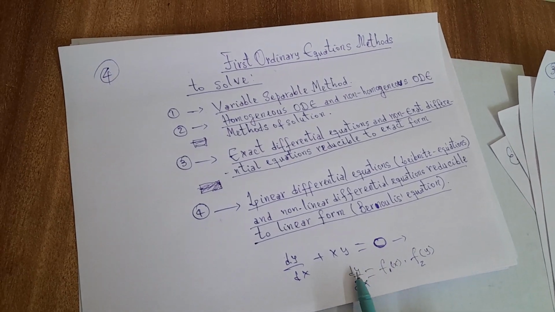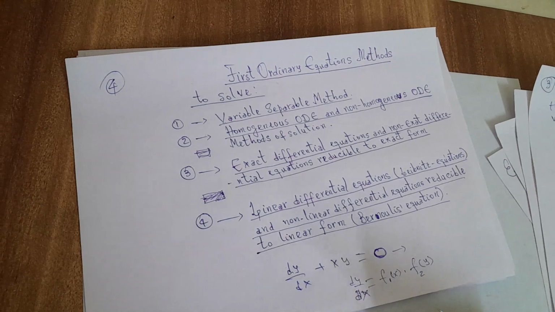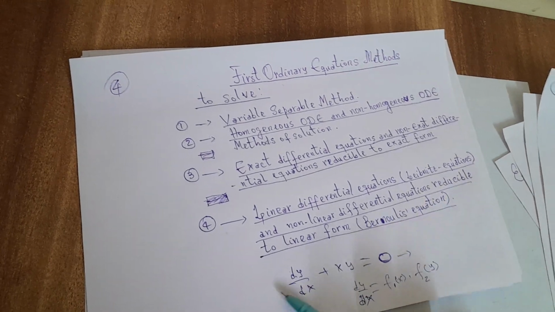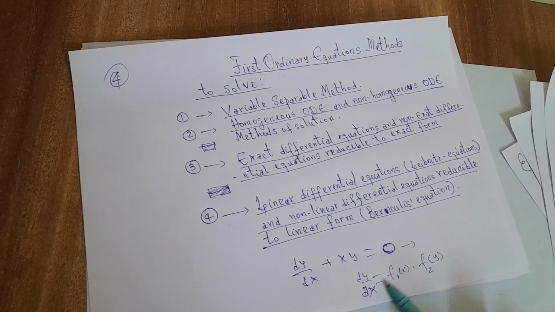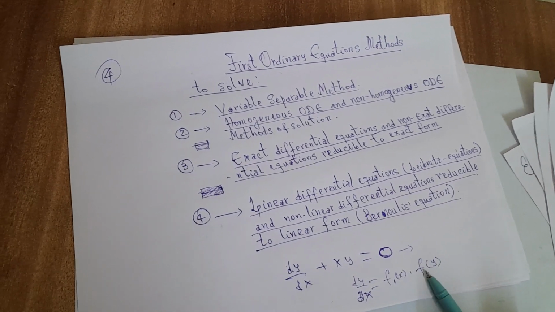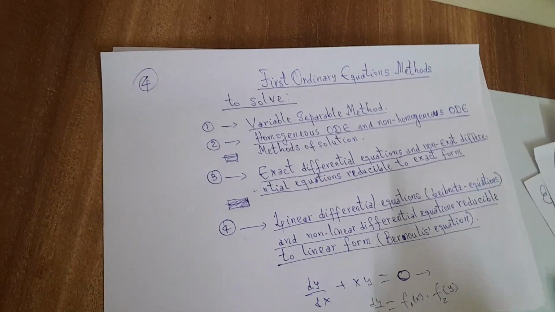It means that to decide to apply the separable method, you have to find out that this equation can be written in this form: dy dx is equal to f of x times f of y.